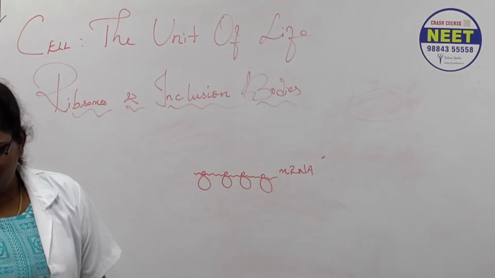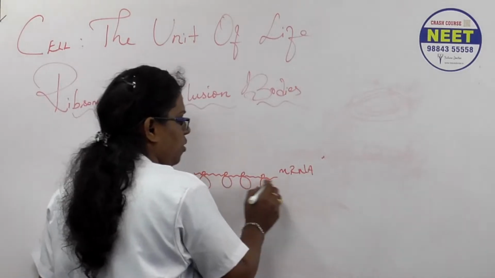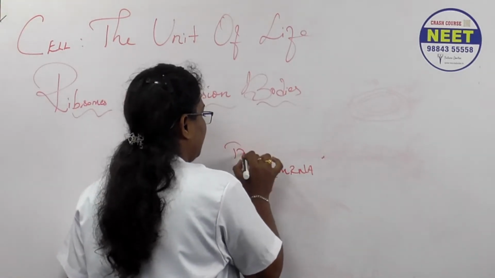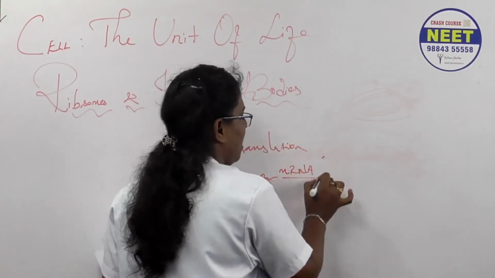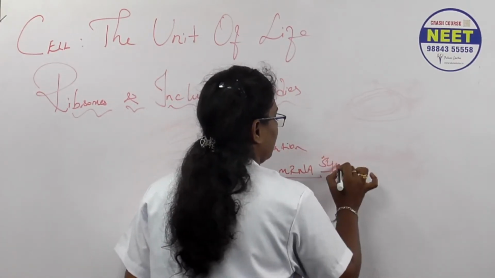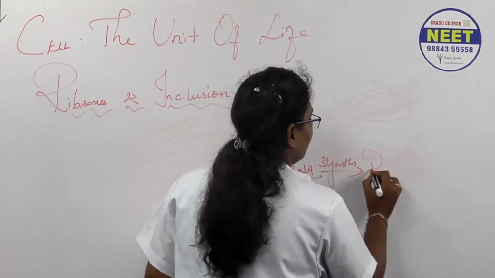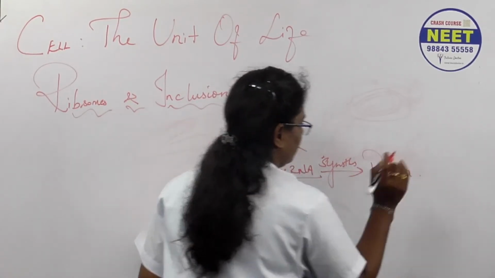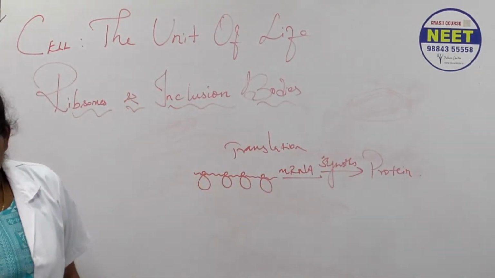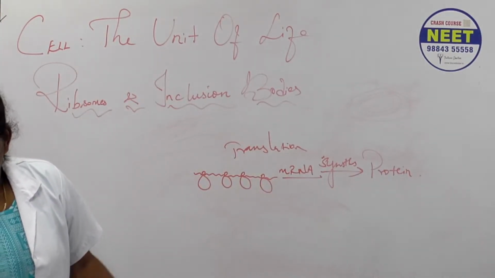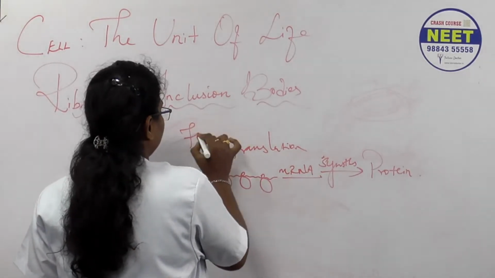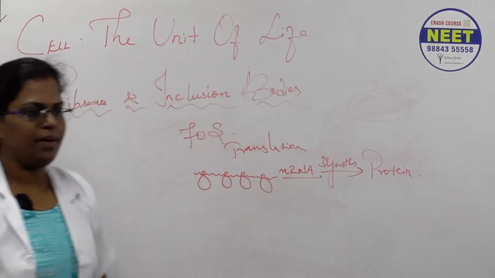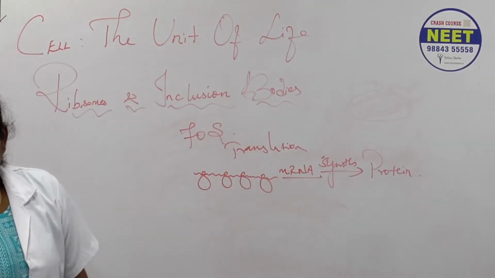The ribosomes of the polysome translate the mRNA into protein. Translation takes place here. This mRNA synthesizes protein. In prokaryotes it is 70S, Swedberg units.